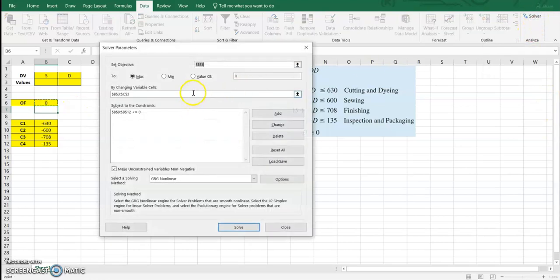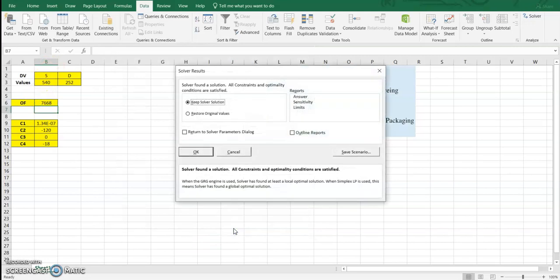Okay, so solver, and now for the formula that is B6, it is okay. Let's see what will happen now. And now it asked me about the answer and the solver results. So everything, you can set it as this because we want the answer.